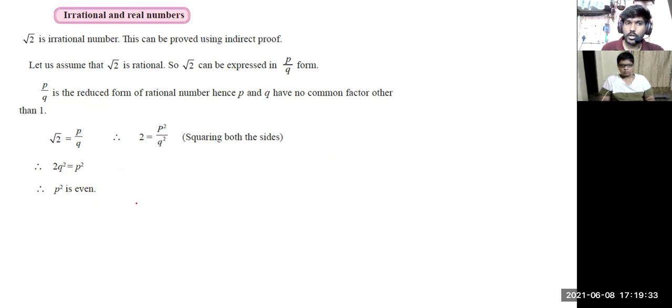Okay. Now, if p square is even, what can you say about p? For example, 2 square, that is 4. 4 is even. What about 2? 2 is also even. Now, p square is even. So what will be p? Will it be odd? No, sir, it will be even.